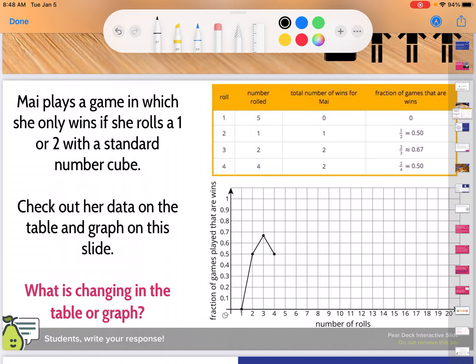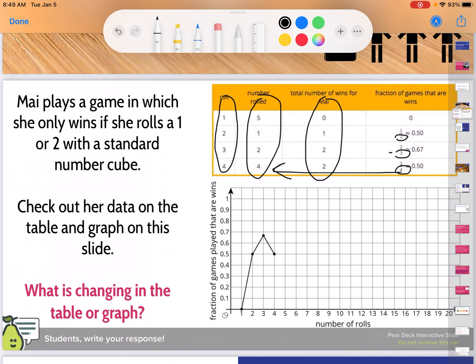Well, okay, if I look, the rolls are going up. The number that she rolled is going up, the total number of wins, and if you look, the number of games is the same as the number rolled.